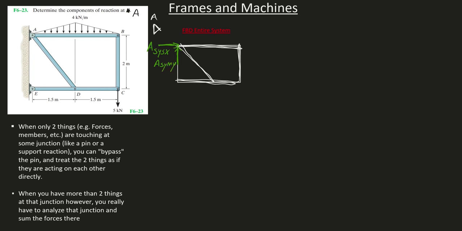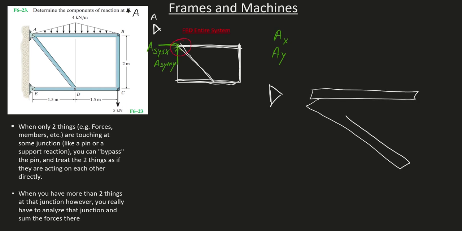And again, just a sneak peek, the reason I'm not just saying AX and AY is that, as we'll see later, we're going to zoom in and realize that the forces the pin at A creates are touching these two members right here.